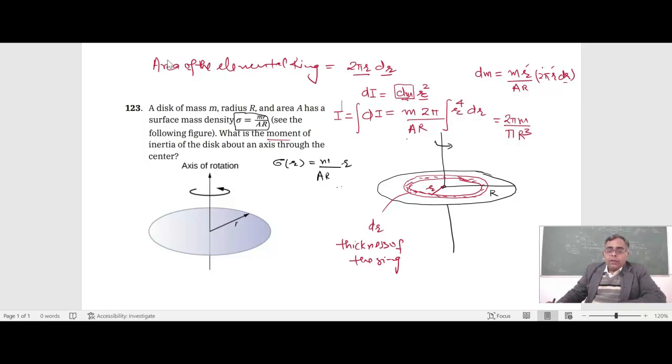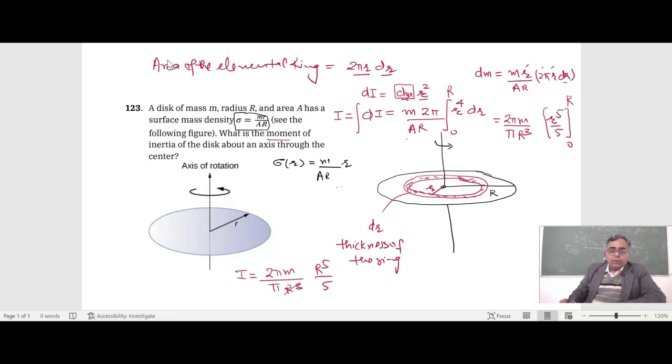And if we integrate this r, now this small r is changing from 0 to R. So I will get r⁵ divided by 5, and if I put the limit 0 to R, finally I will get the moment of inertia as 2πm divided by πR cubed, and here I will get R⁵ divided by 5.